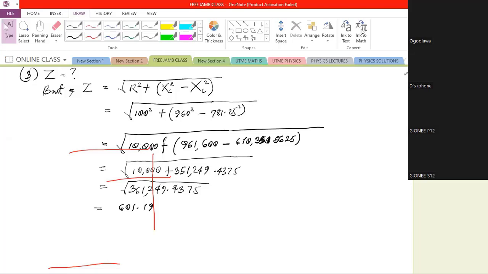Oh, I wrote the wrong thing. It should be 249 here. Okay, let me write it again. 361,249.4375, square root, 601.04. Almost the same thing.